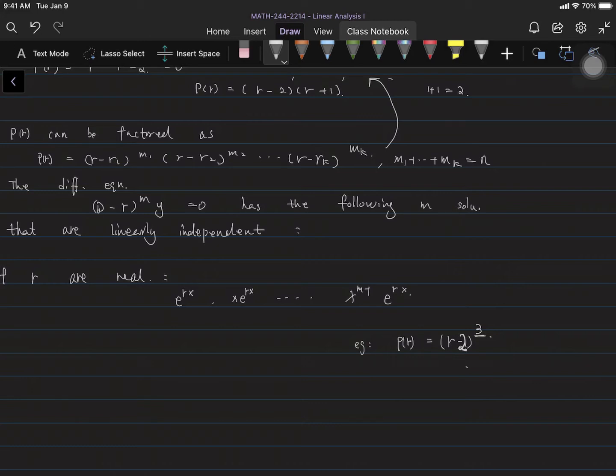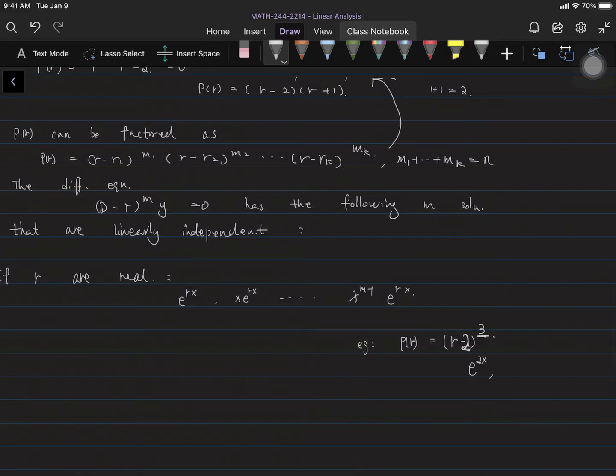So e to the 2x is one solution. But because it has multiplicity 3, we have 3 solutions here. The next ones are x times e to the 2x and x squared e to the 2x. So we have 3 independent solutions corresponding to this polynomial.